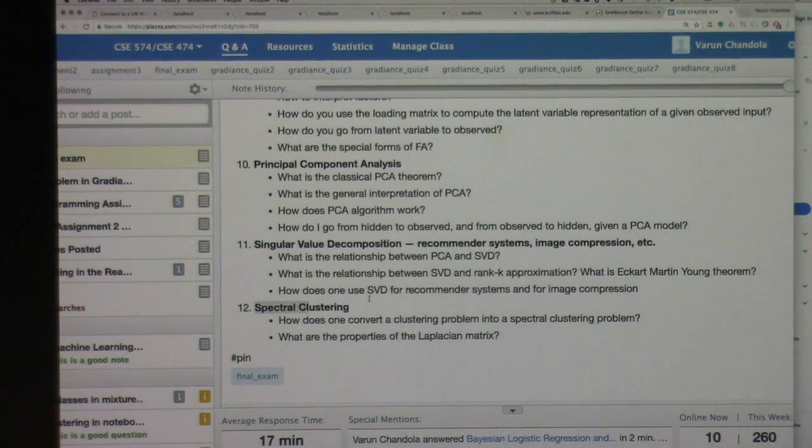Yes, go ahead. LDA and QDA. Yeah, that is not covered in the midterm. Of course, I will not ask you to do MLE on data. That's too much.